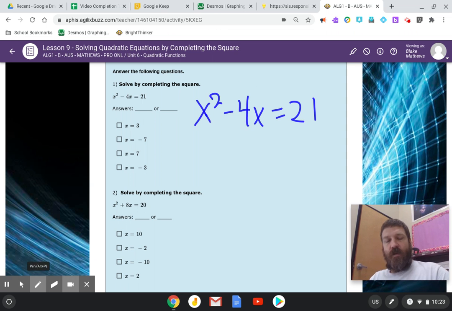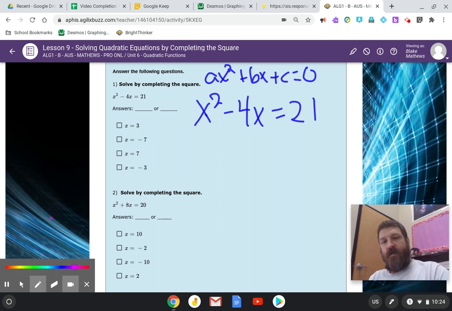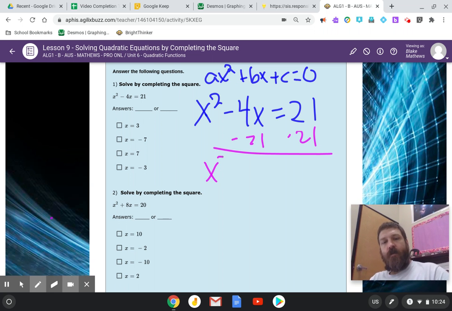You need to get this into standard form. Remember, standard form is ax squared plus bx plus c equals 0. In other words, you need to make it equal to 0. So in this case, I need to subtract 21 from both sides, and I get x squared minus 4x minus 21 equals 0.